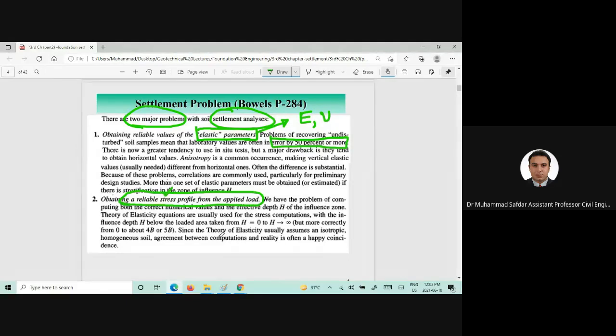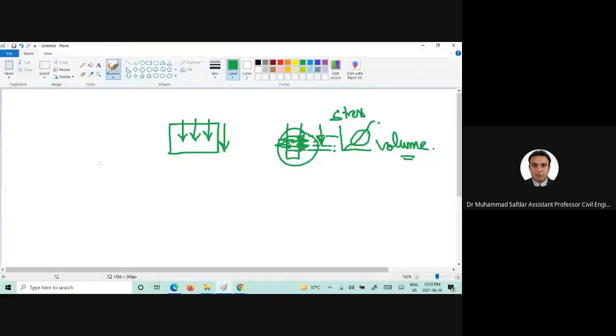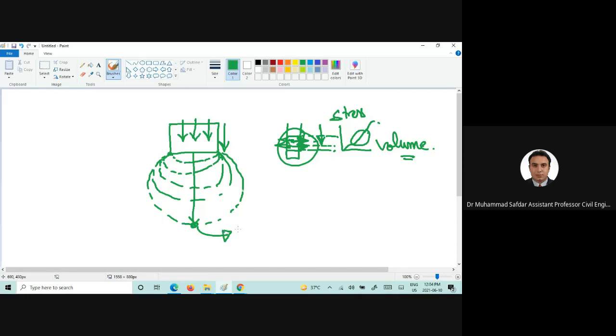Reliable stress profile means that, for example, if this is the stress bulb beneath the foundation, it's important to know what would be the magnitude of stress due to that applied load.